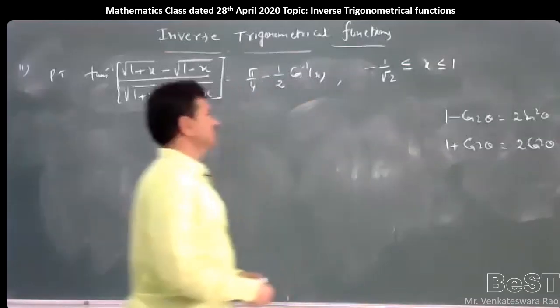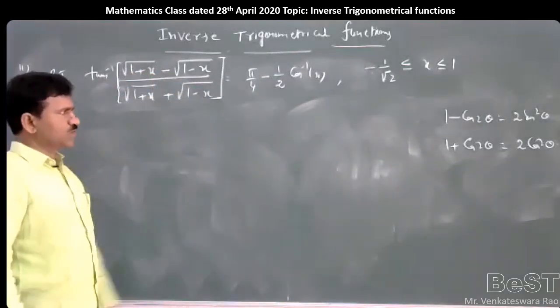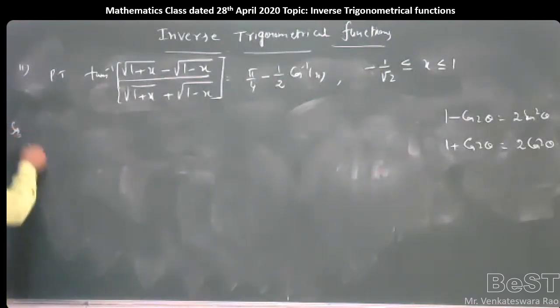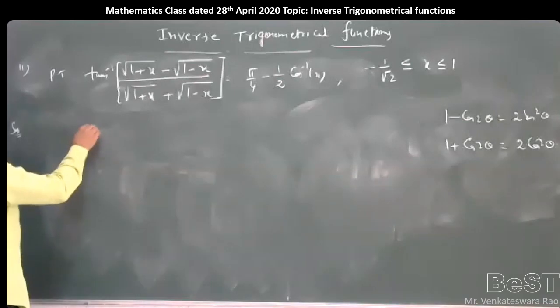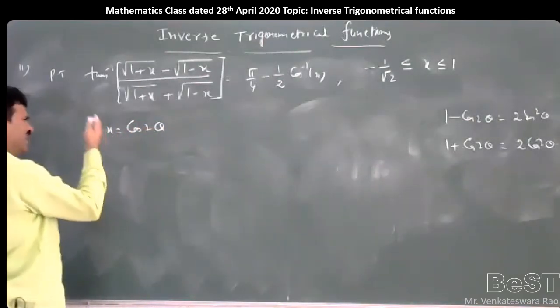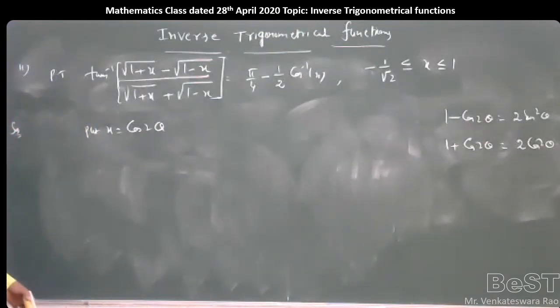So the 1 minus x function is there, the 1 plus x function is there. Take the LHS and put x equal to cos 2 theta. It may be x or root x or x square or x power 2020, same procedure.